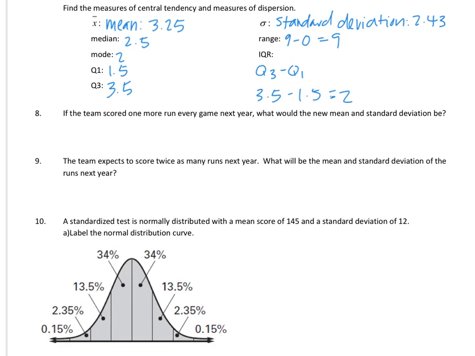If the team scored 1 more run every game next year, what would the new mean and standard deviation be? So the new mean would be 1 more, because every single one went up by 1. So it would be 4.25.